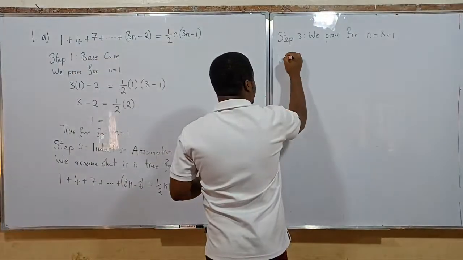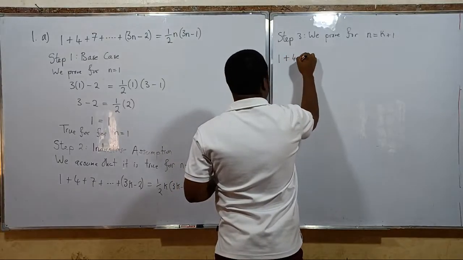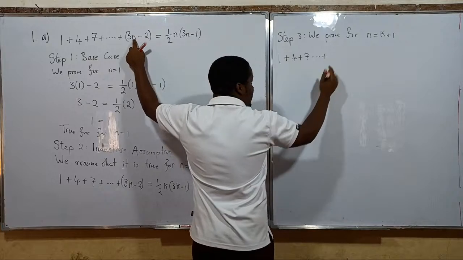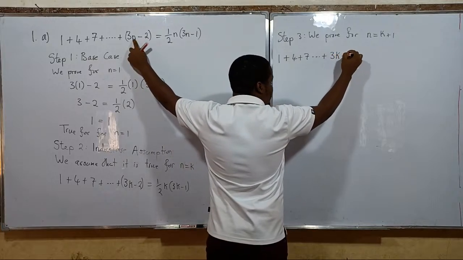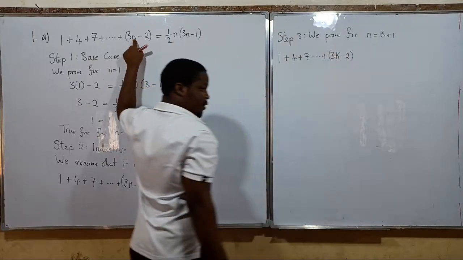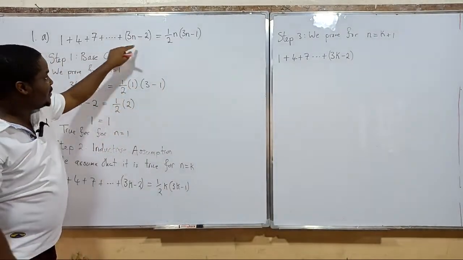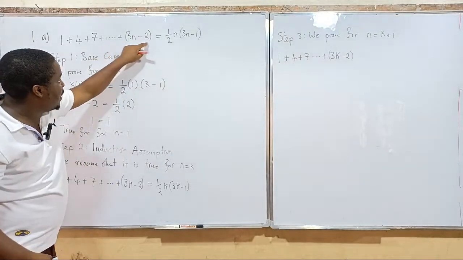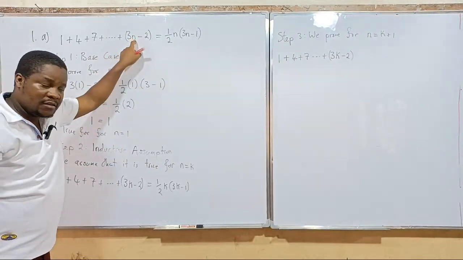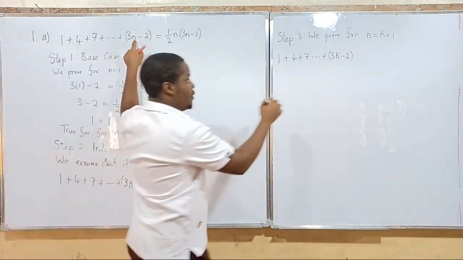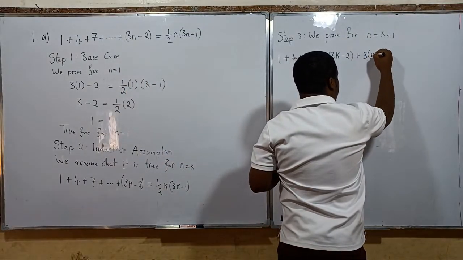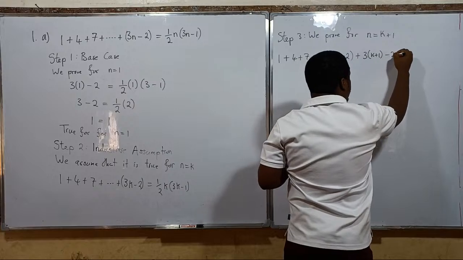So you say 1 plus 4 plus 7, 3 dots, plus, where there's n, replace it with k. Is that okay? Then this same guy, you write it plus this same guy. This time around, where there's n, you replace it with k plus 1. So plus the same one, 3 times k plus 1, minus 2.